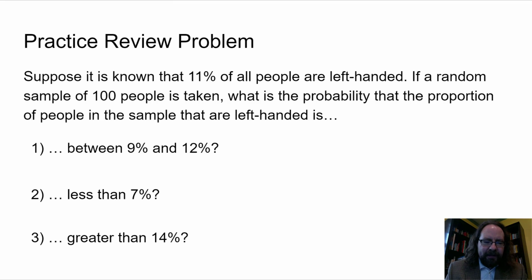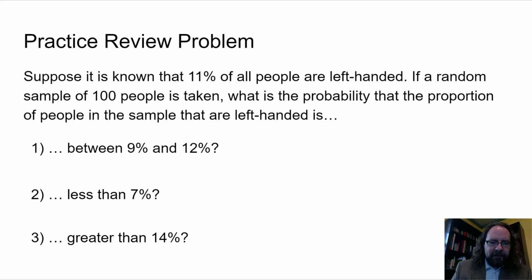Before we go into the process of solving this problem, I want to see if you can predict which of these answers from 1 through 3 would be the highest probability and which one would be the lowest. Remember that the parameter, the actual proportion of people who are left-handed, is 11%.